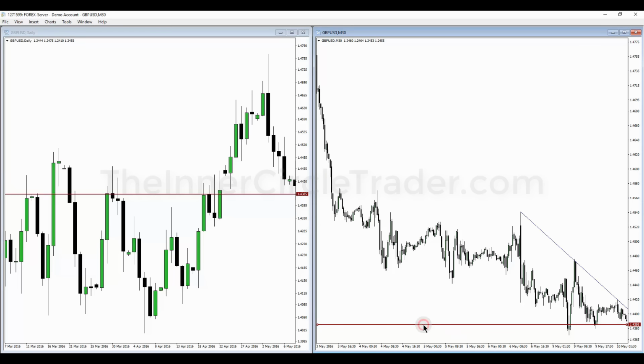So 43.85, we see price trading down into it here, hitting it one more time. We have a high, we have a lower high, and the third time price hits it here, we see this as a sell. No, we don't. We see it as a potential turtle soup long here, or a return back to a bullish order block.